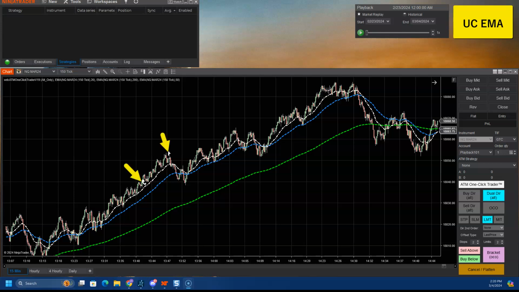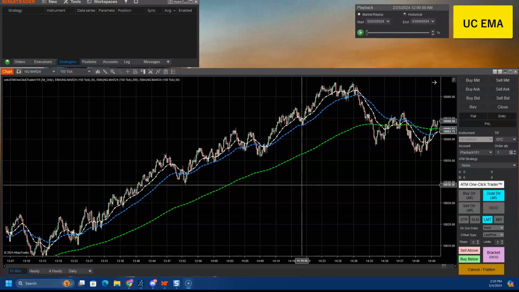I only want an entry when the price drops below 20 EMA, or below 50 EMA, or even below 200 EMA. So you have that flexibility as a trader, as an end user, to control that entry. You can leave it as default, or configure it however you like.